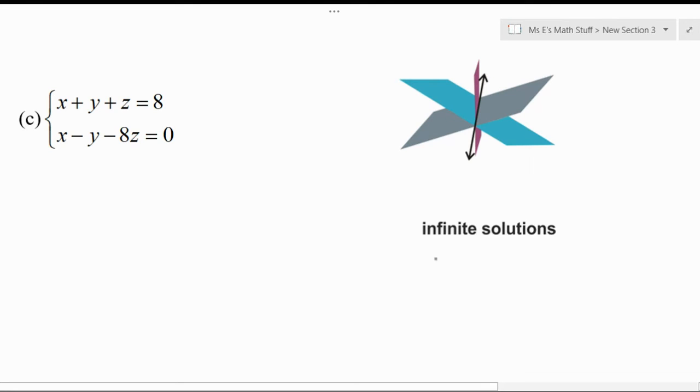The 2 planes could be parallel, in which case you would have no solution, or the 2 planes could intersect, in which case you would have a line in 3D space where the 2 planes have points in common.